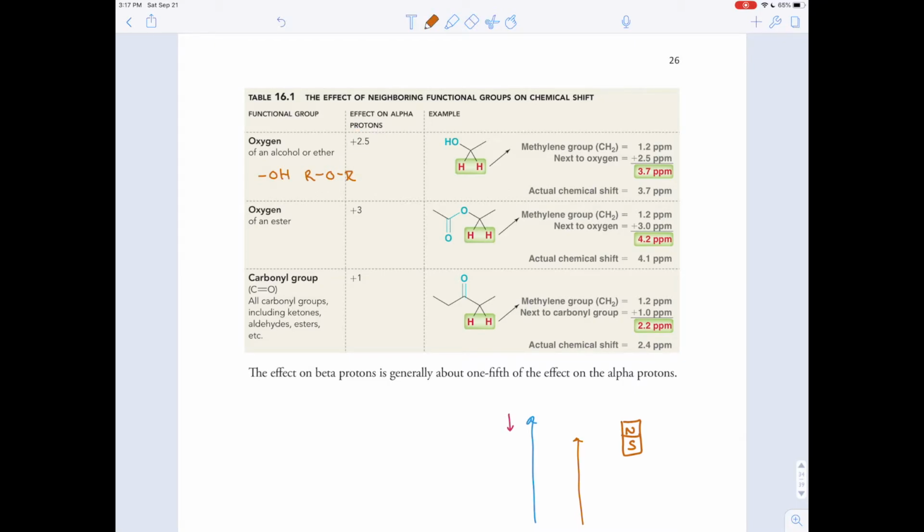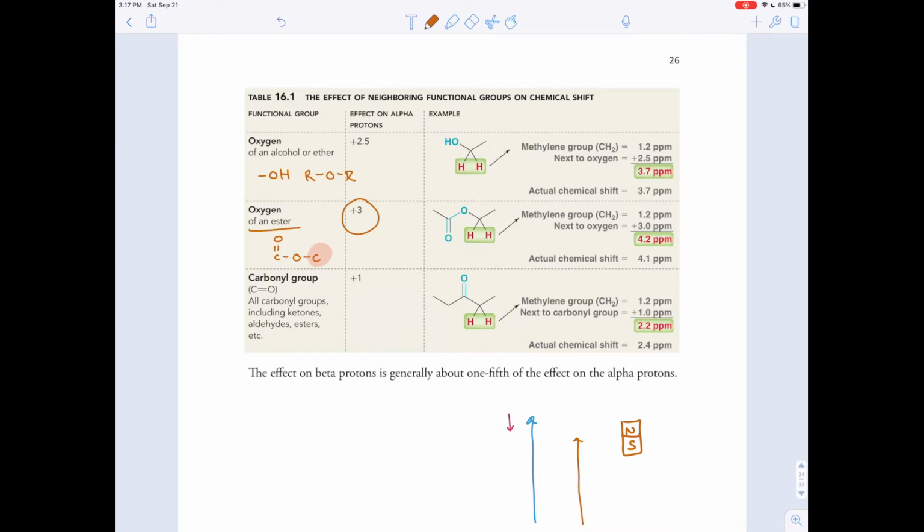If instead of an alcohol or an ether, it's an ester, and an ester is when you have a carbon double bonded to an oxygen, single bonded to an ether. So notice this is different from an ether. Always watch out for this carbon double bonded to an oxygen, which is called a carbonyl. If you have the carbon on the ether side, so that the carbon that's exposed to both of the oxygens, that is increased by the effect of the electronegativity of both oxygens.